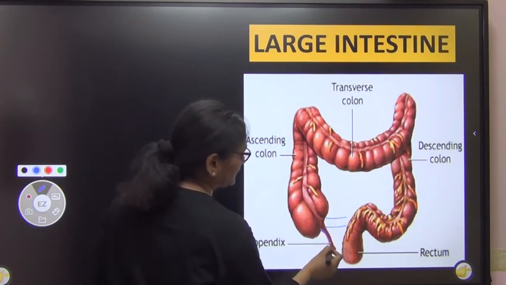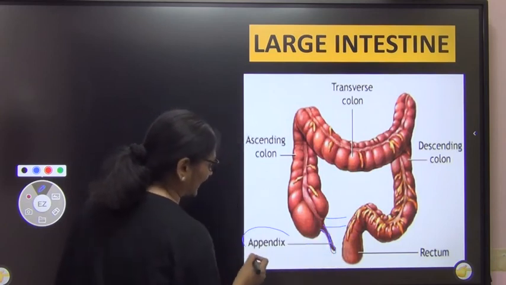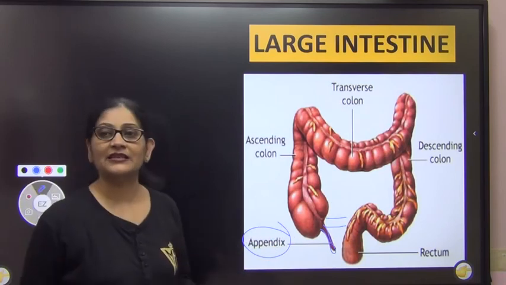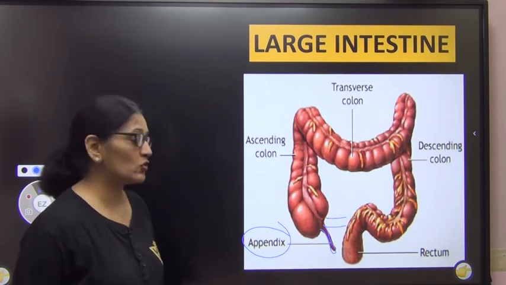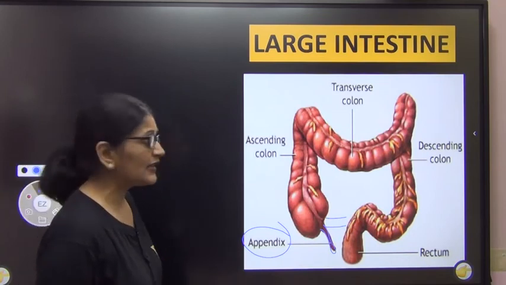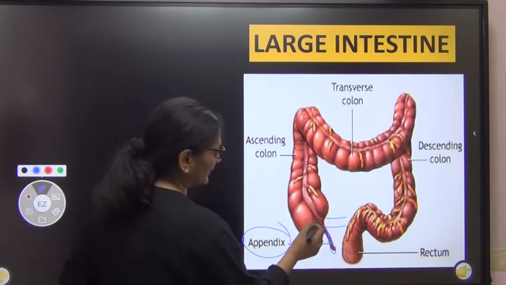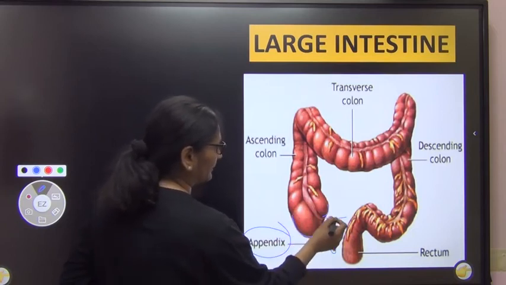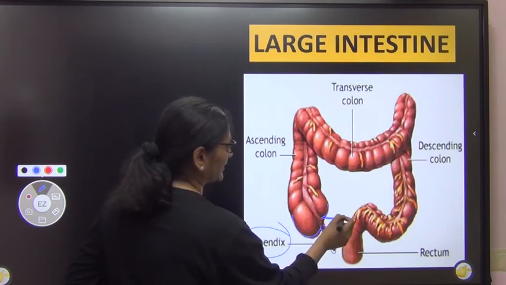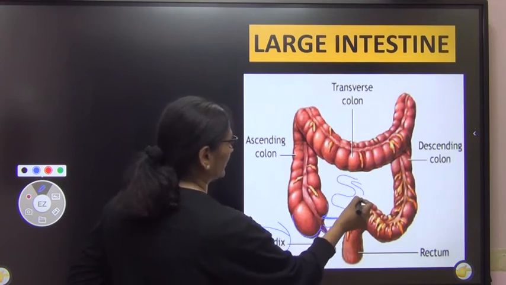There you find a finger-like process called the appendix. When there is infection in this appendix, it leads to appendicitis. Is that clear? Now this first part, the coiled small intestine, is not labelled here.